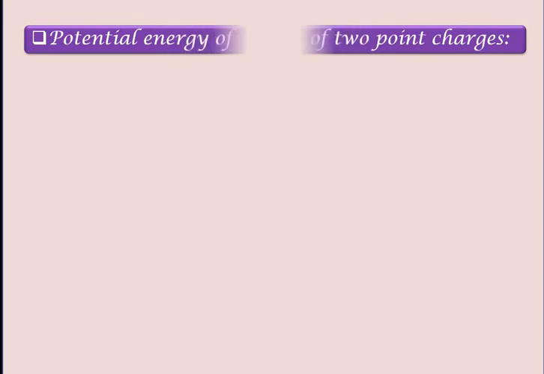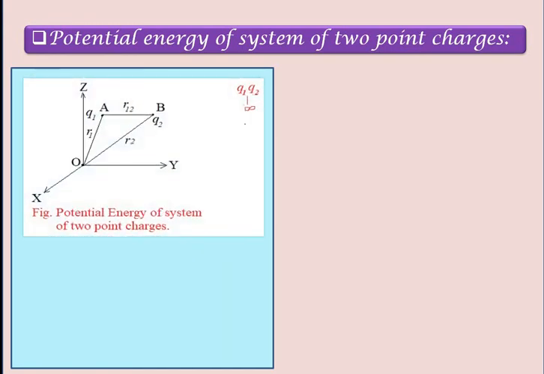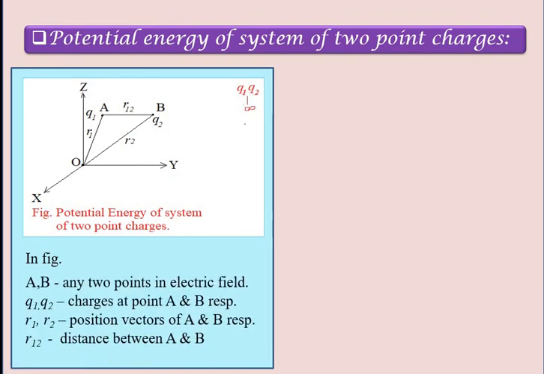Let us see the diagram for the potential energy of a system of two point charges. See the diagram in the figure here. A and B are any two points in the electric field. Q1 and Q2 are the charges placed at points A and B respectively.